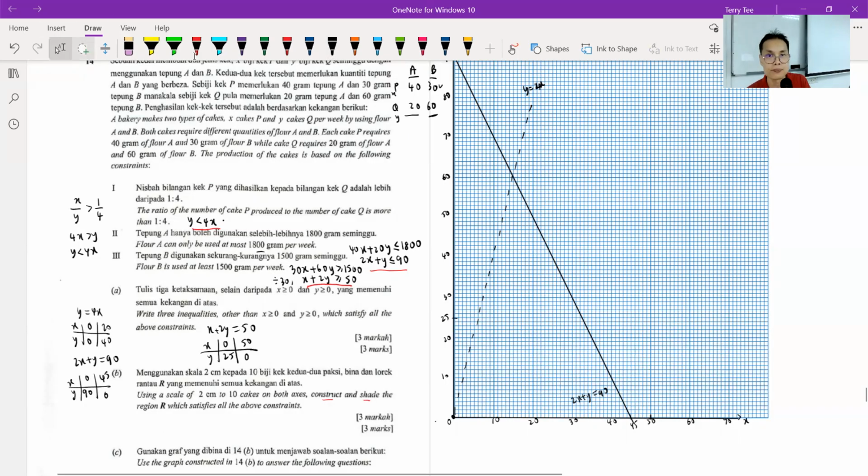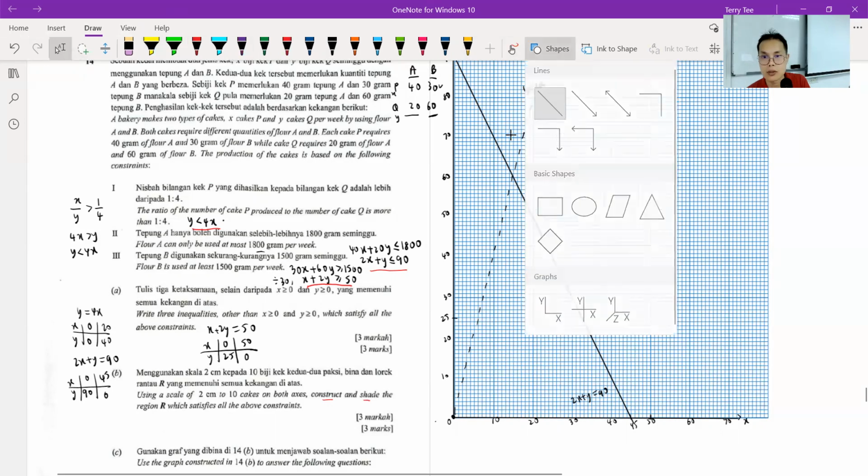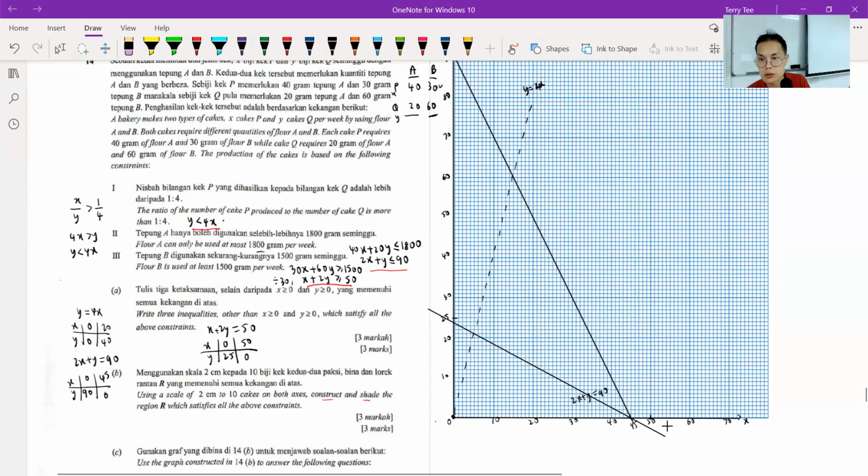So let's draw a straight line going downwards like this. Move it up. Okay, so that's my straight line. This line is x plus 2y equals 50.